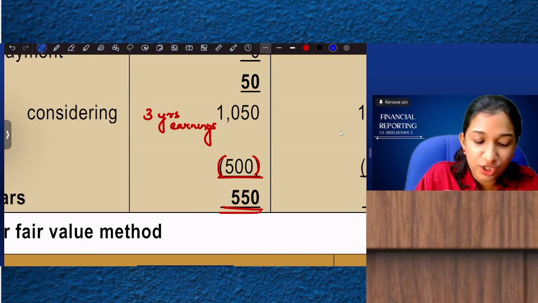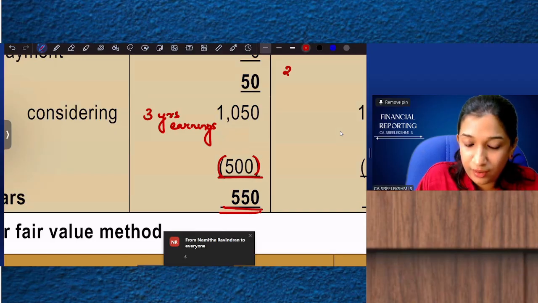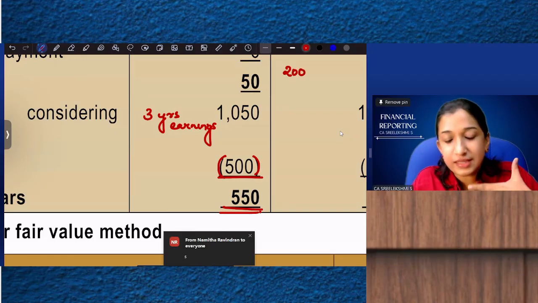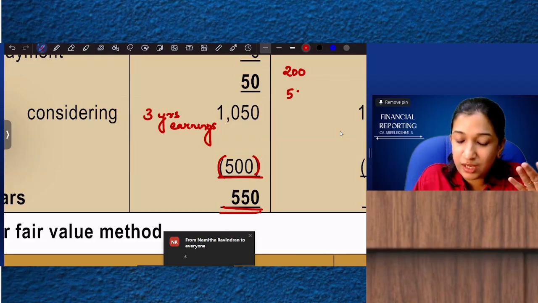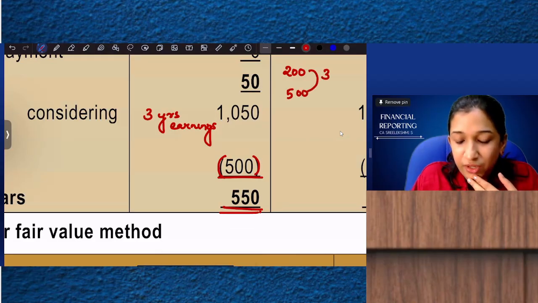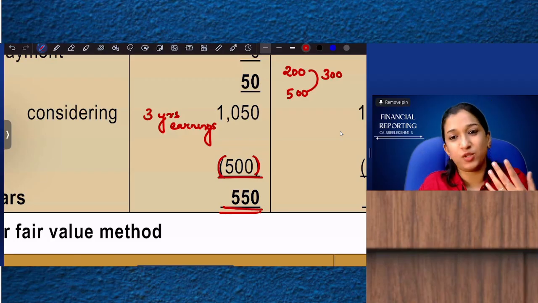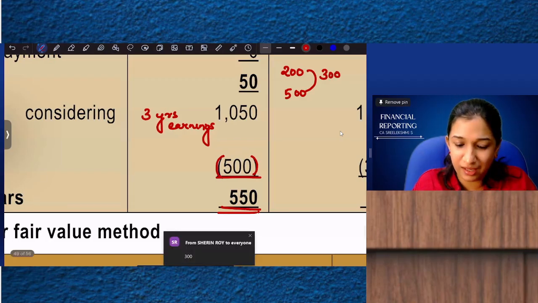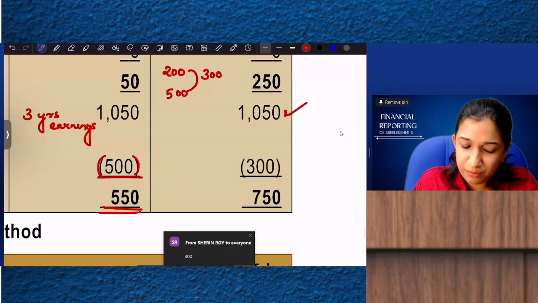So initially you record contingent consideration payable of 200. After the 3 year conditions are satisfied, contingent consideration payable becomes 500. The additional 300 should be recognized as expense and charged to P&L. So 1050 minus 300.